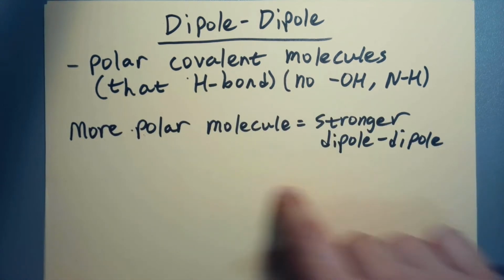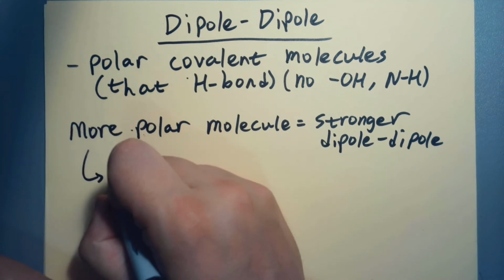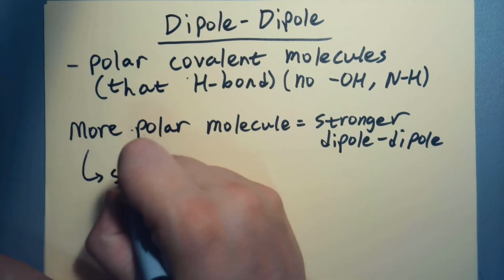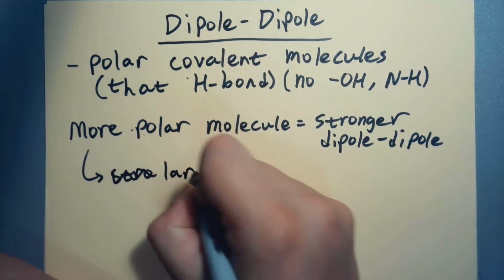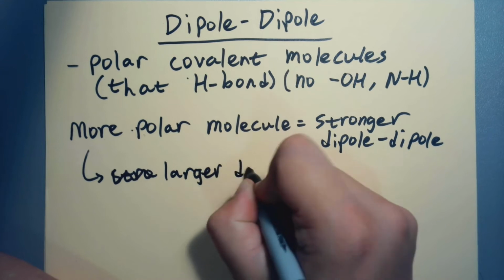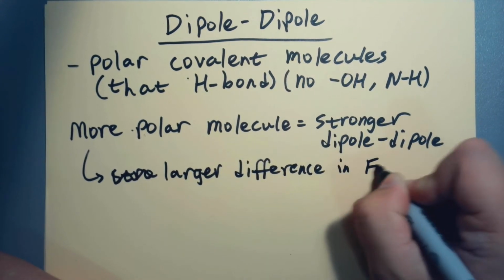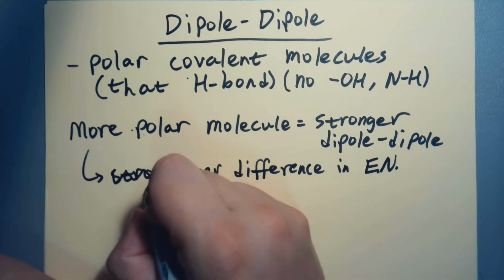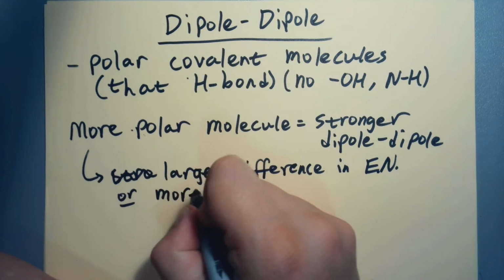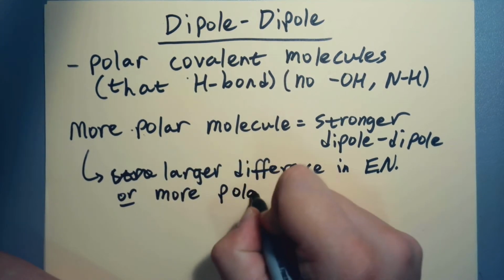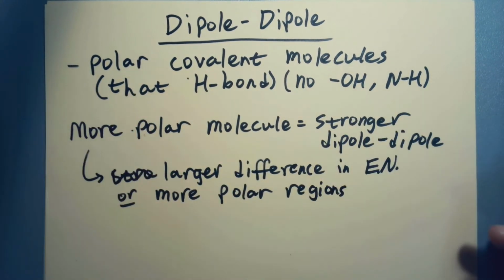So it really just boils down to one thing. There's two ways to get here, and that's to have a larger difference in electronegativity, or more polar regions. So more areas of a molecule that are polar.